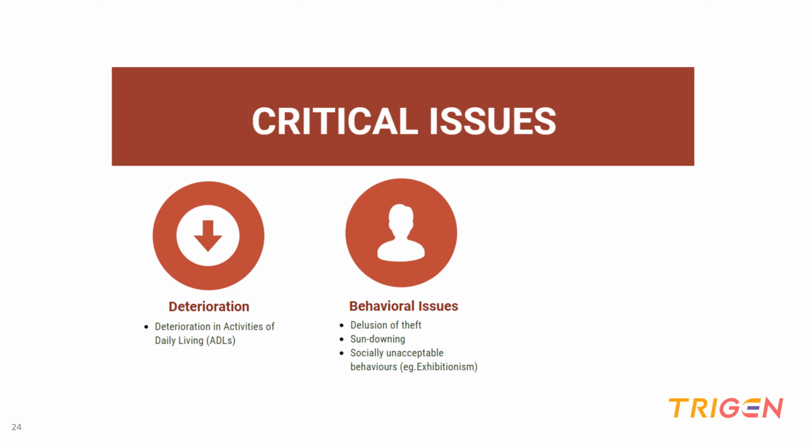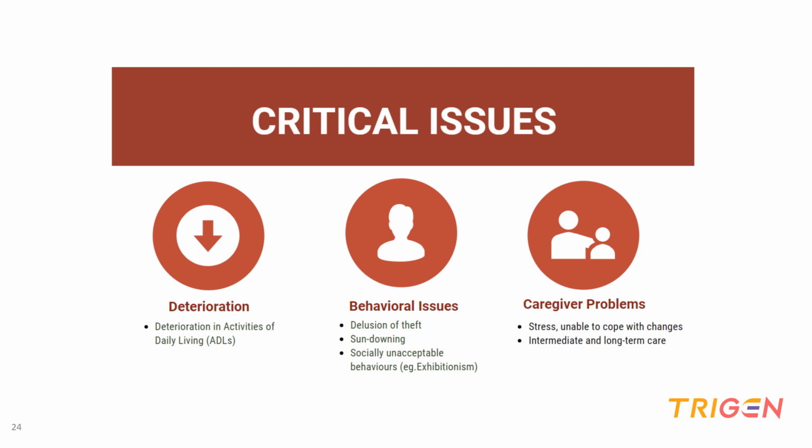Some individuals may experience behavioral issues such as delusion of theft and sundowning, where they become more confused and may become more aggressive or agitated in the late afternoon or nighttime. Some may also display socially unacceptable behaviors such as exhibitionism. Lastly, caregiver burnout is very common because it can be physically and mentally tiring to be constantly looking out and caring for someone with dementia.